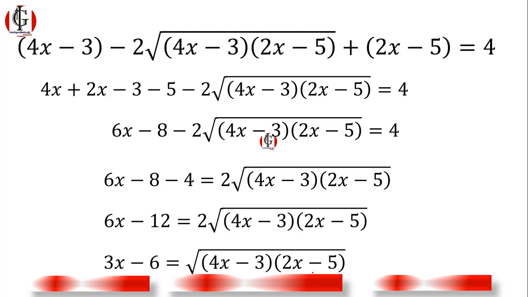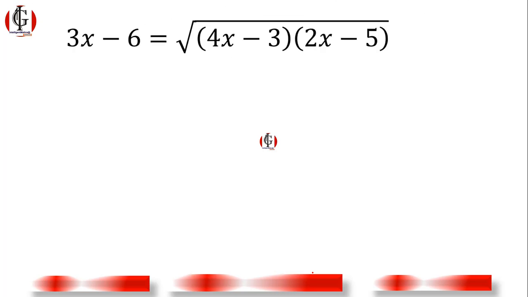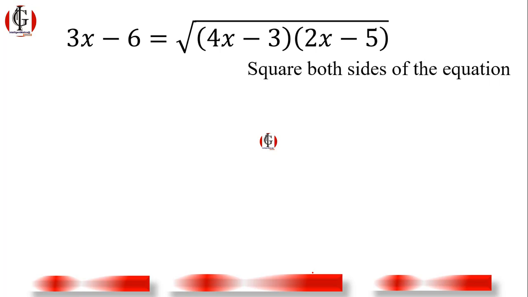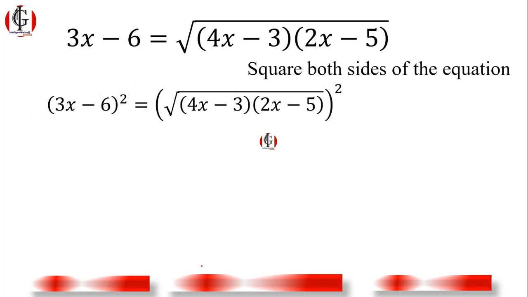Now we square both sides again. So if we square both sides of the equation, we are going to have 3x minus 6 all square equals the square root of 4x minus 3 into 2x minus 5 all square.